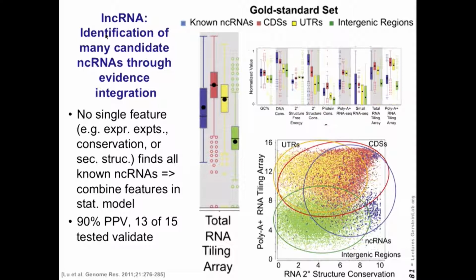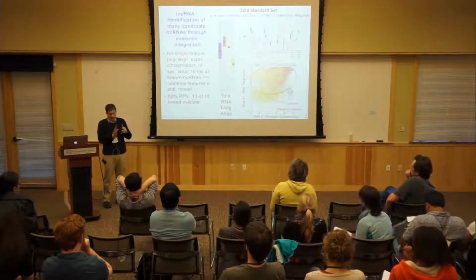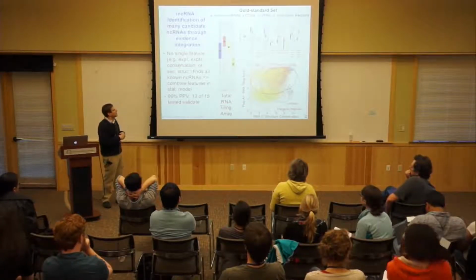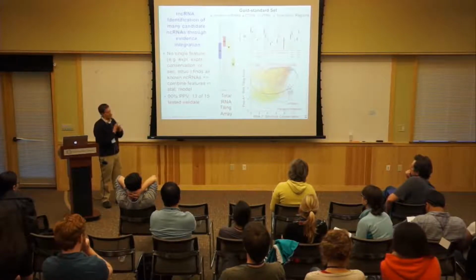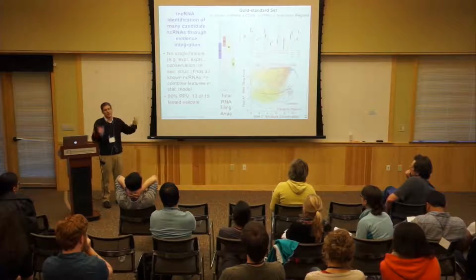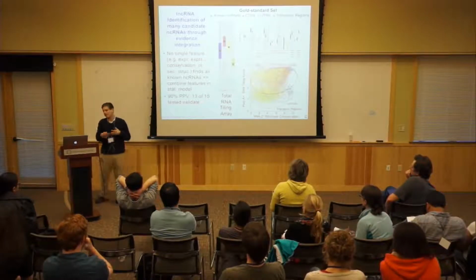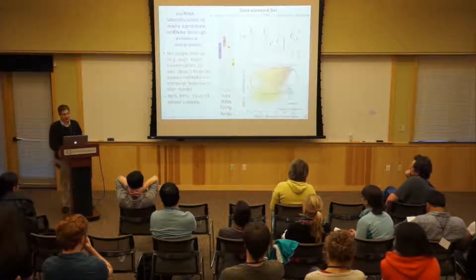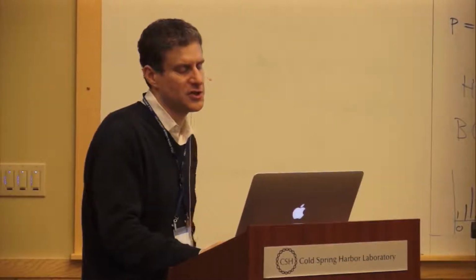And the one little vignette I want to get across here is that when you look at an individual experiment, particularly in a region that you don't really have as well characterized, a lot of times that one experiment doesn't tell you that much. But if you integrate many experiments, this is sort of an obvious truism, you can do a lot better. So this tool tries to find novel non-coding RNAs. And so let me just show you one or two graphs.